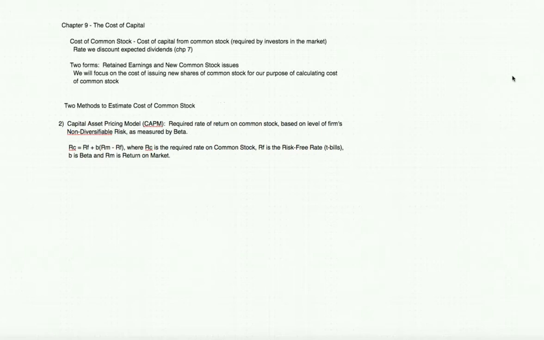The two methods or models, the constant growth model and the capital asset pricing model, are theoretically equivalent, but in practice or reality, they usually result in different estimates for the cost of capital.